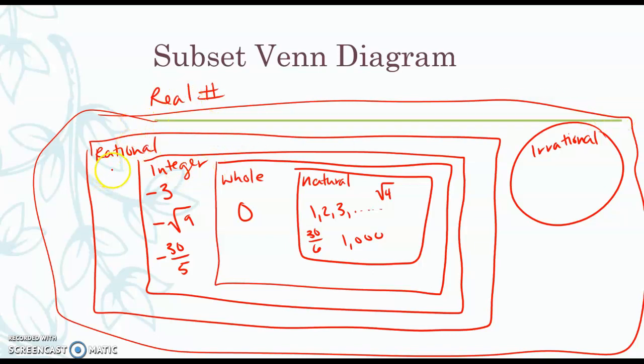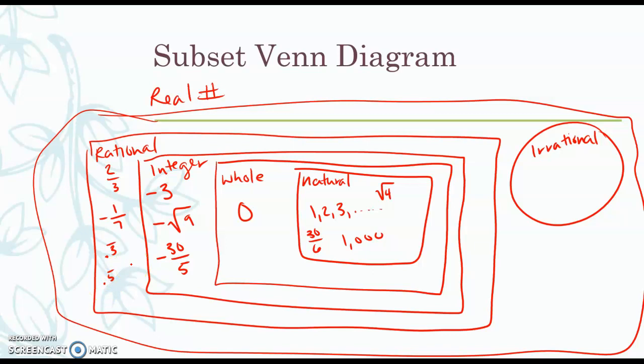All right, rational is where we start introducing proper fractions. So like 2/3, or a negative 1/7, or 0.3 repeating, or 0.5.